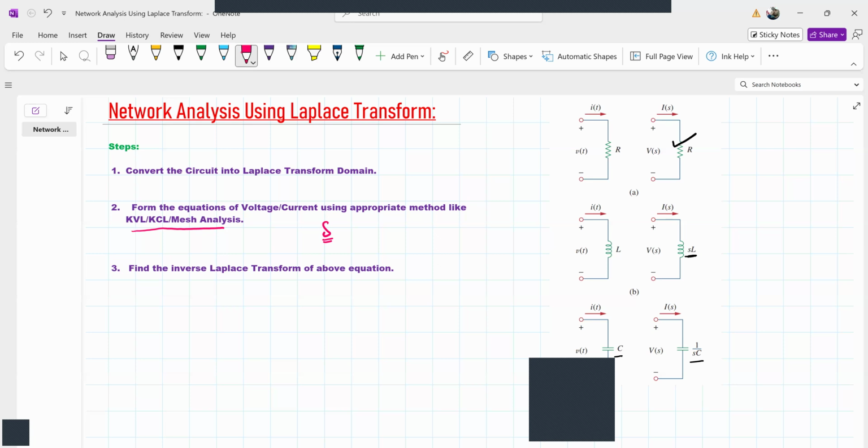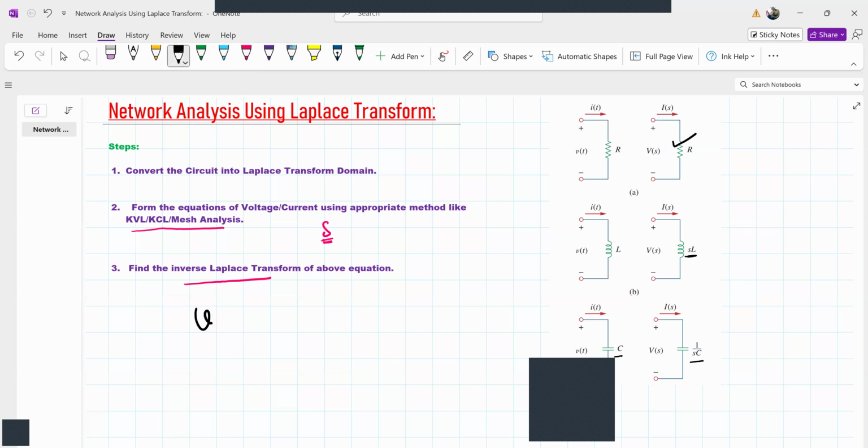Now the third step: once we have found the equation of the voltage or current that we need to find in the circuit, we take the inverse Laplace transform of the equation we found in the second step. That will be our final solution or answer to this problem.